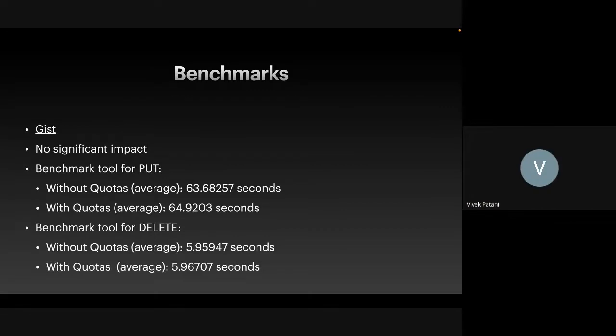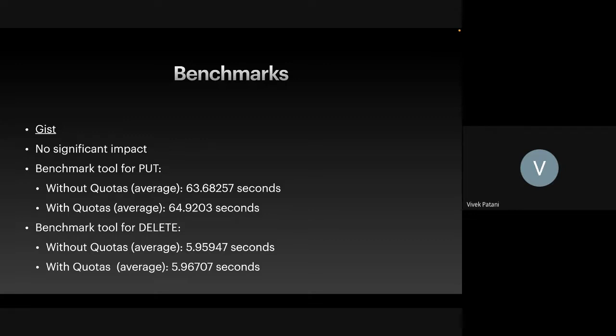We've run benchmarks on this and tried different kinds of tests, and I think there's no significant impact on the core etcd operations we were just speaking of. If you look at the pull request, there are numbers: without quotas, it would be about 63.6 seconds for the benchmark tool that we have, and it's the same with quotas.